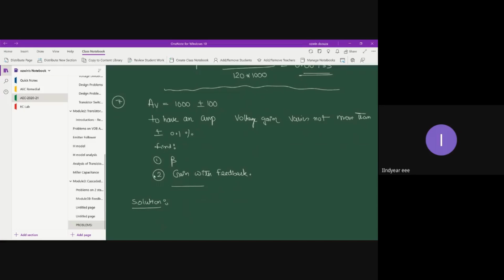Okay, all right. Now, since there is a mention of change in open loop gain as well as the closed loop gain, the change in open loop gain is about 1000 plus or minus 100, and it is expected to have an amplifier whose voltage gain will not vary more than plus or minus 0.1%. So what we have to do is use the sensitivity relation.